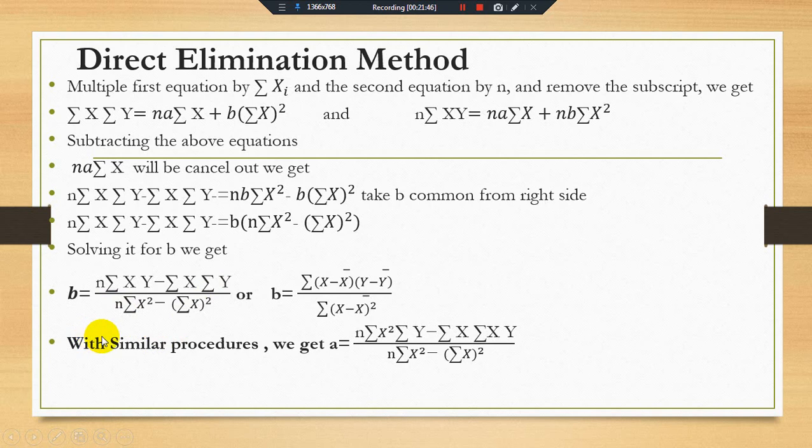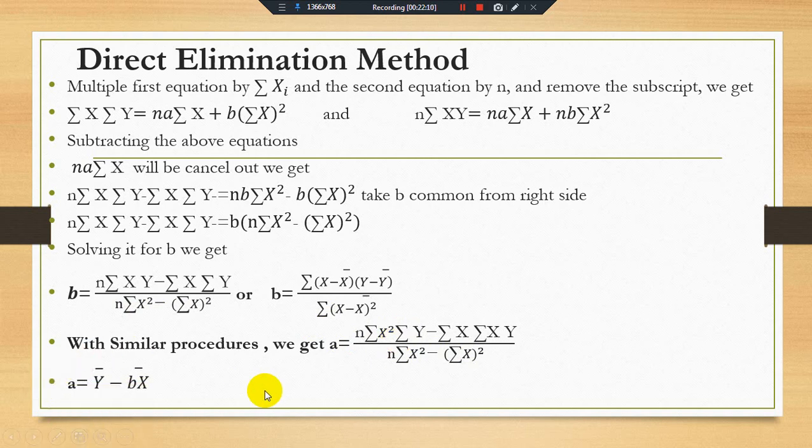Okay, with similar procedures, we can get the value of a is equal to n summation x square summation y minus summation x summation xy divided by n summation x square minus summation x whole square. So the denominator is the same, but the numerator will be a little bit different.